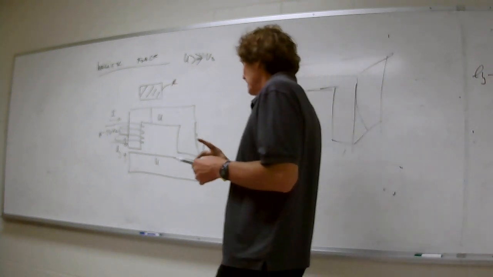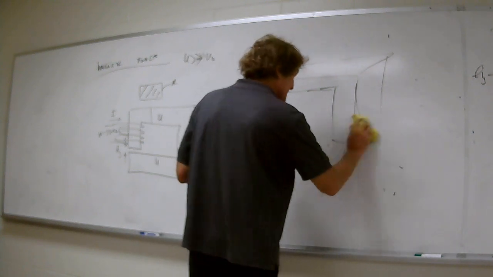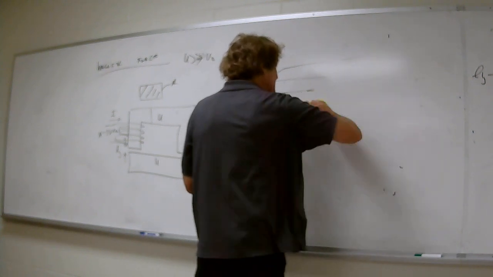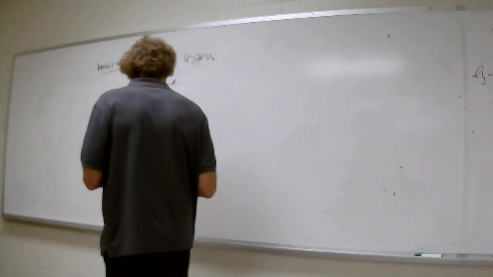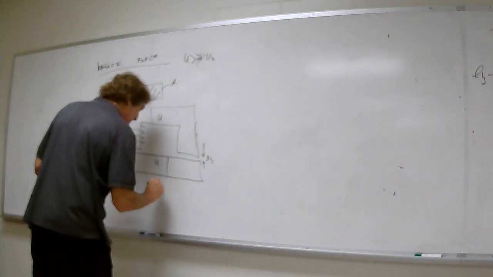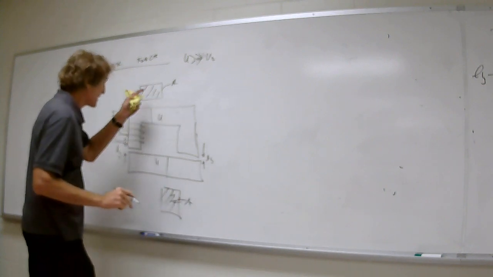Now, this magnetic circuit can be drawn like this. Don't get too hung up about this. I'm trying to make it as easy as possible. I'm going to keep the cross sections of both of these the same. This indicates cross section. So A is the same here and here.